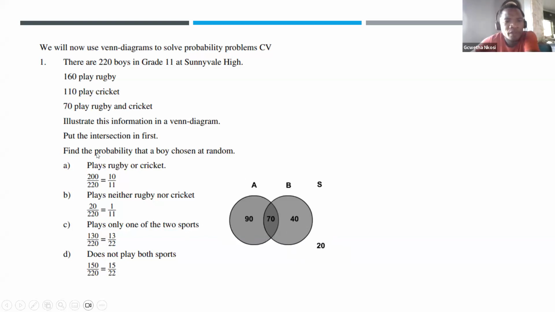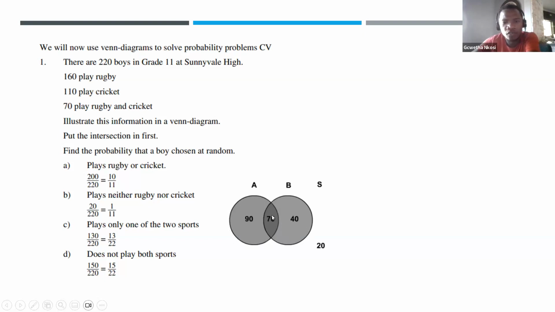So now find the probability that a boy chosen at random plays rugby or cricket. We are choosing whether the person will play either rugby or the person will either play what? Cricket. So that is the union of this thing. In reality, we are looking for a what? For a union.